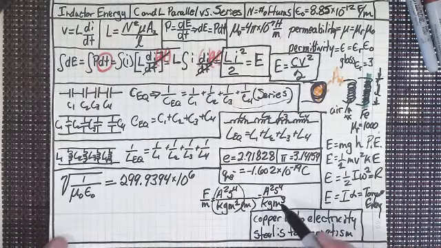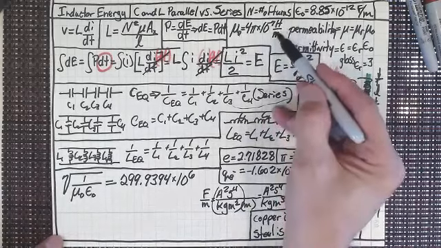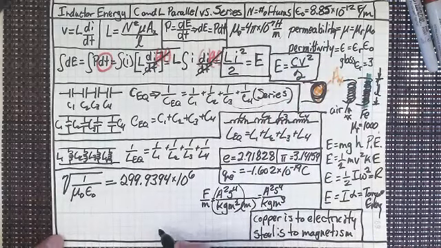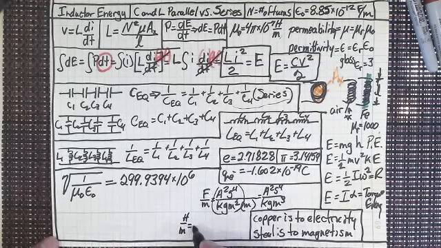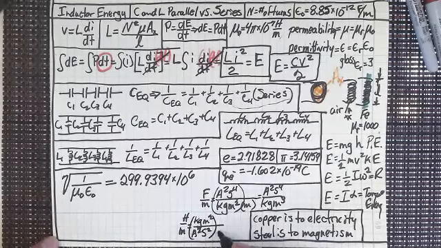Okay, now, what is a Henry per meter? A Henry per meter would be a kilogram meter squared over amp squared second squared, that's a Henry, divided by a meter.